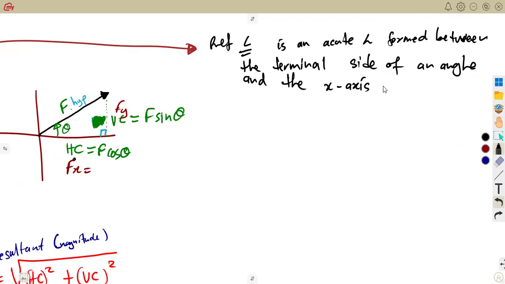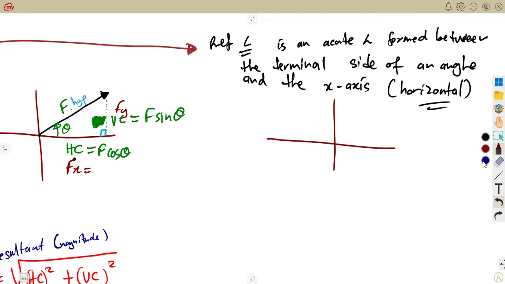So in our case, the x-axis represents the horizontal. It is the angle that we find between, let's say we got something like this. This is your x-axis, your horizontal. I'm not saying horizontal component, guys, I'm just saying it's a horizontal line.